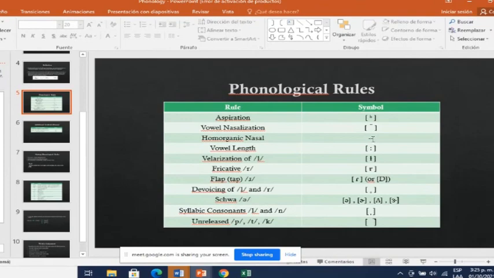It's the tendency to change the place of articulation of the nasal sound based on the place of articulation of the following sound, which is a consonant. And this is the rule. This is the actual symbol used by the IPA alphabet, but we will be using this one because it's easier to type on a computer, so it's way easier for you.